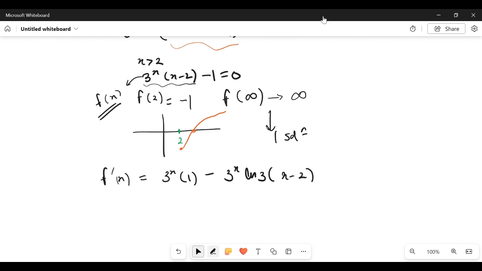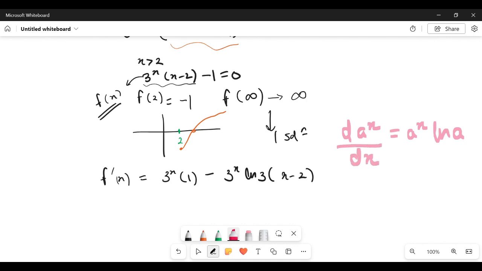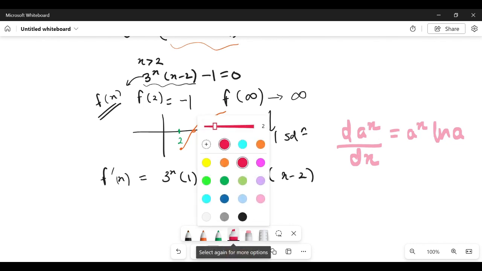Let me write that formula for you. If we have a to the power x, then this is its derivative. I'm using it for the derivative of 3 to the power x.